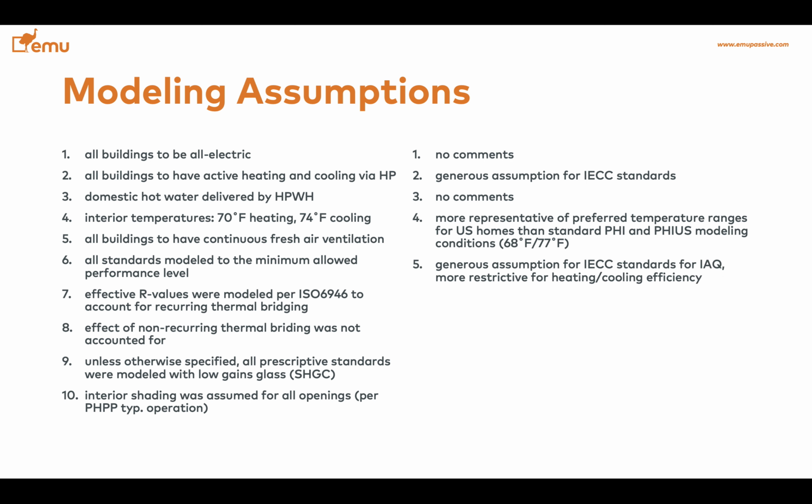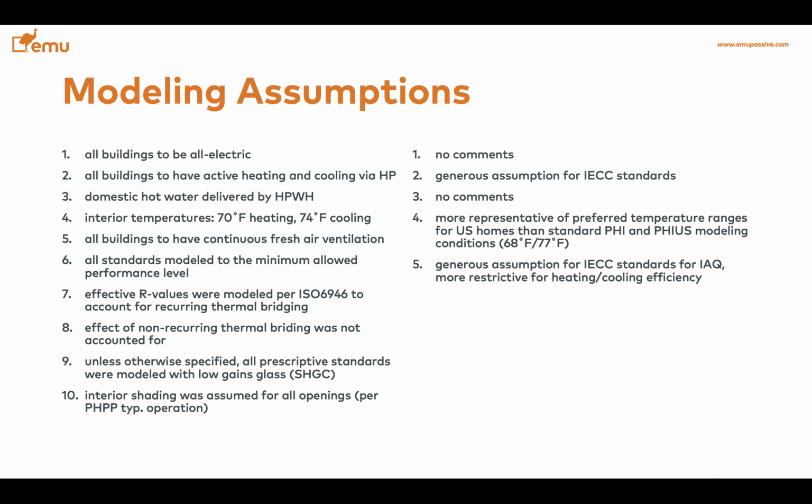Then, in terms of number 5, all buildings having continuous fresh air ventilation, that is very generous with regards to the IECC code. In terms of indoor air quality, we're going to see about that later. But again, we wanted to compare apples to apples.